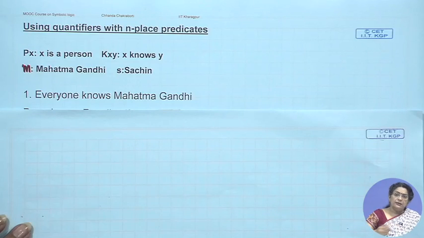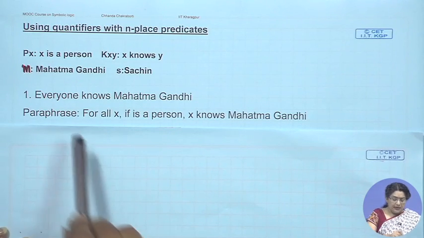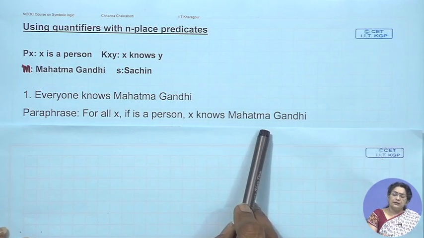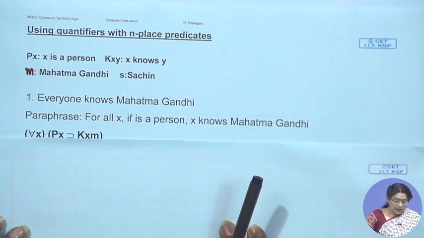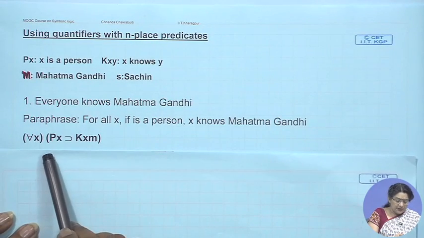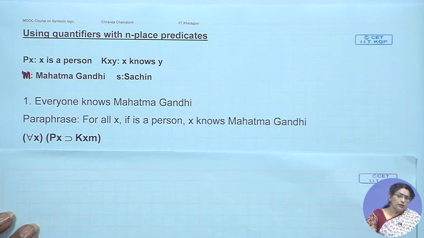So, everyone, that certainly is for all x, if x is a person, then x knows Mahatma Gandhi. That is our translation. So, then the translation looks like this. For all x, if x is a person, then x knows Mahatma Gandhi. Look at this ordered pair. So, there is a certain sequence, who knows whom.